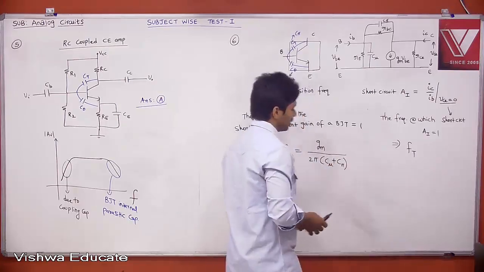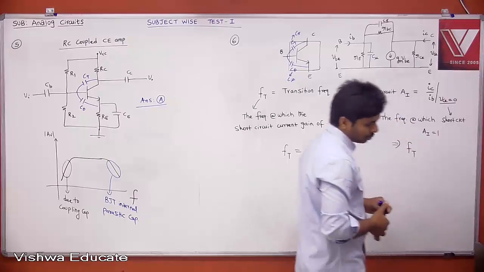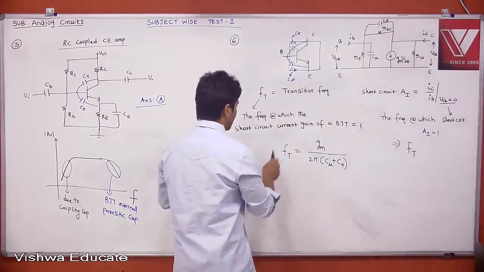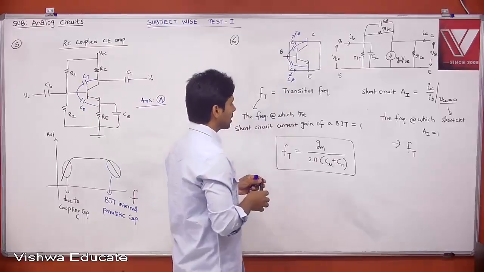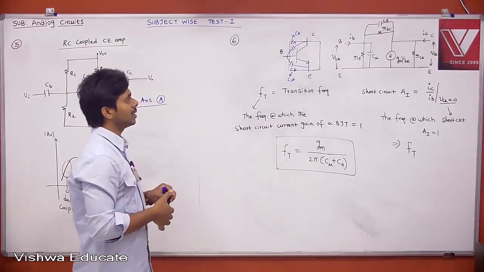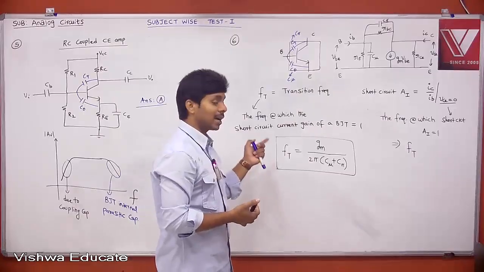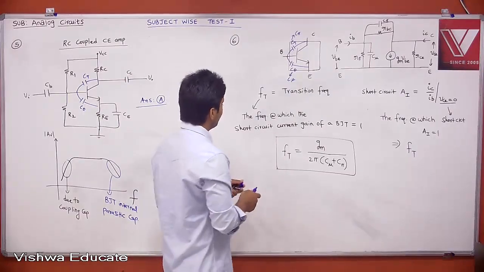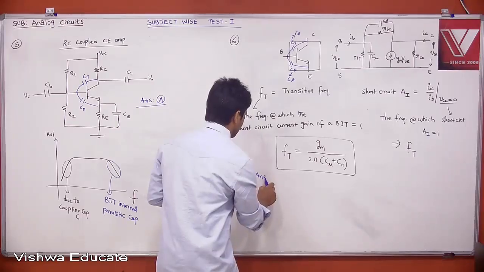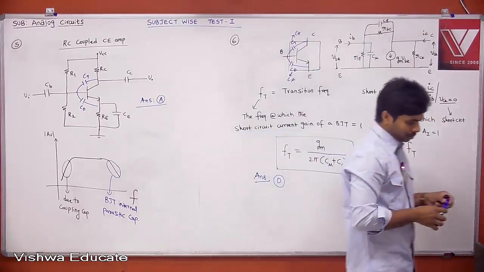This is your FT. This indicates the maximum speed your BJT can have. You can call it the unity gain frequency, but specifically the unity current gain frequency. Therefore, what is the answer? Your answer is D.